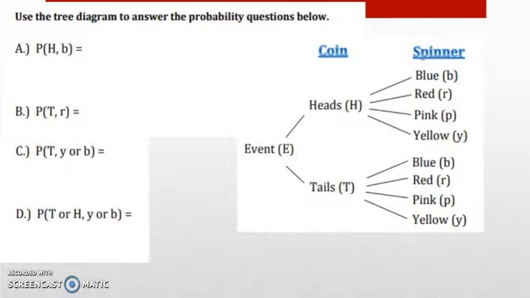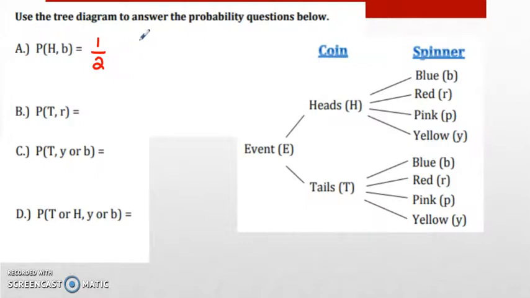We're going to use the tree diagram, and we are going to answer these compound probability questions. We want the probability of getting a heads when we flip the coin and landing on blue with the spinner. We look at these individually. So the first thing we want to look at is we have a 1/2 probability of getting heads, 1 head on a coin, 2 total outcomes on that coin.